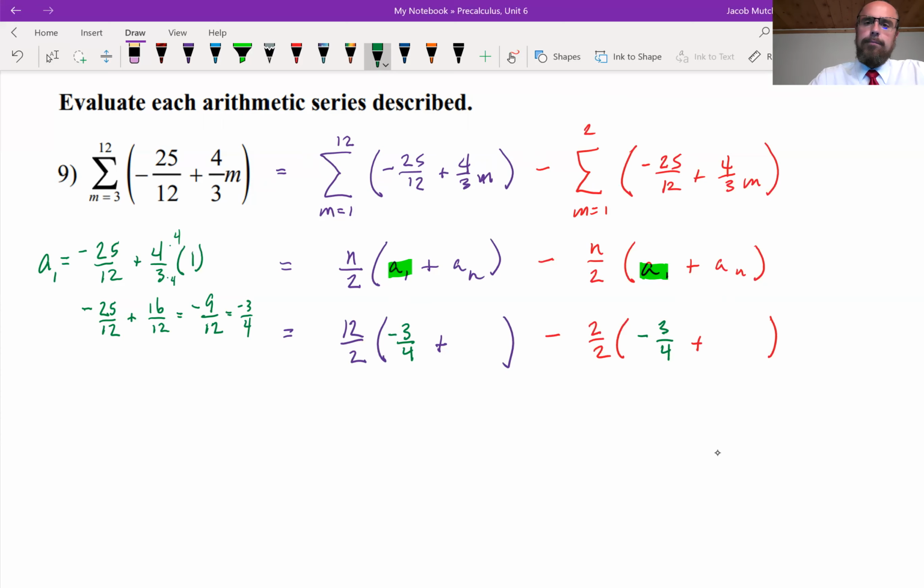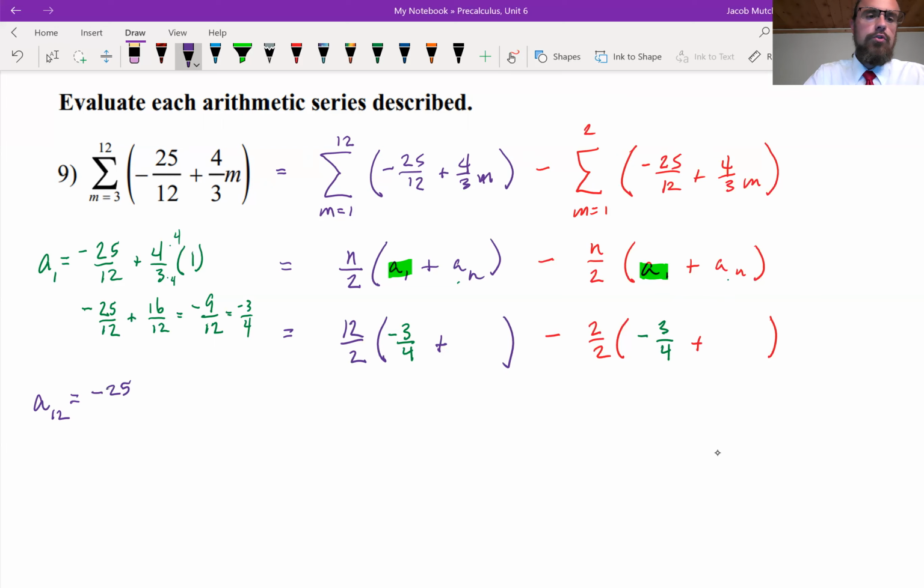So then what's left for me to find is the nth term of each of these series that I've kind of separated. They are different. So the nth term for the one that's represented by this purple to stand for the whole series would be a sub 12. So to calculate that, I'm going to take the same strategy as I did to find a sub 1.